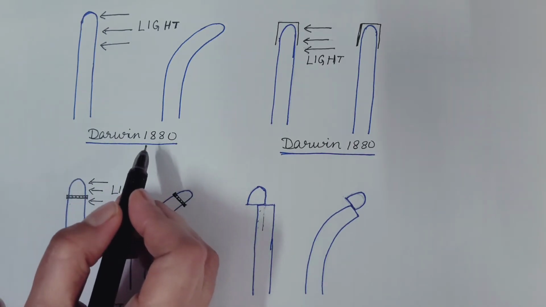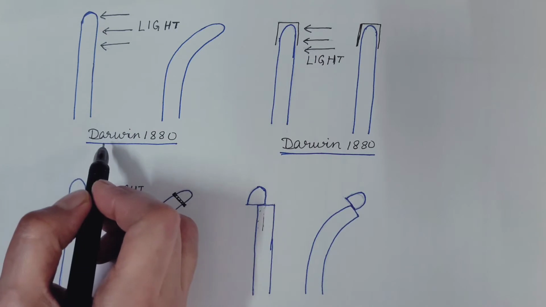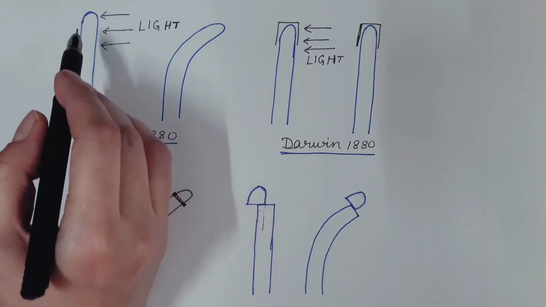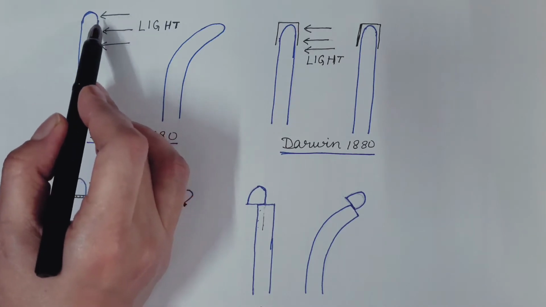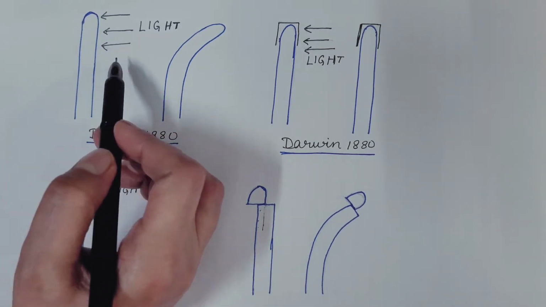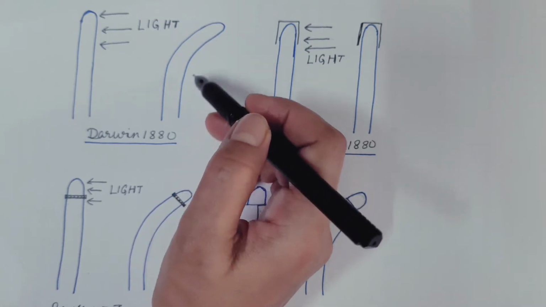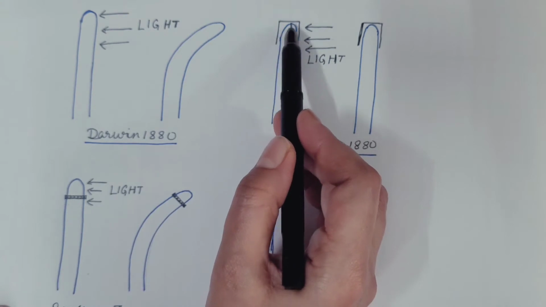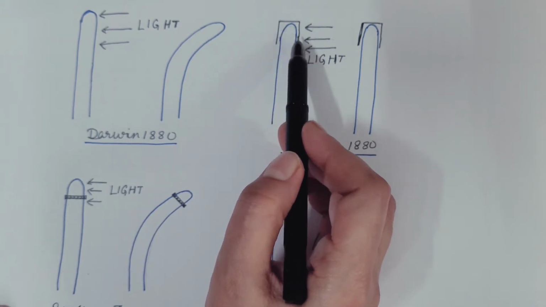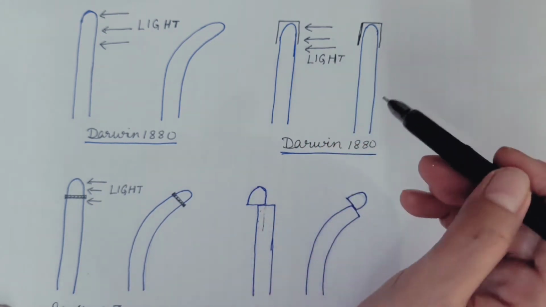First of all, in 1880, Darwin did his experiment. He took the coleoptile of grass and exposed it to unilateral light. What he saw was that the coleoptile bent towards the light. Later on, he covered the tip of the coleoptile with tin foil and then exposed it to unilateral light.